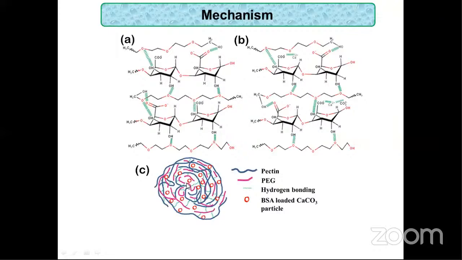So the protein interaction preferentially goes to the feebly negative surface of the calcium carbonate. That's why we can visualize the protein part in the TEM on the calcium carbonate particles.